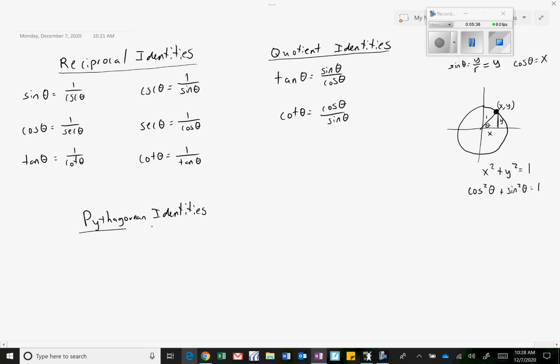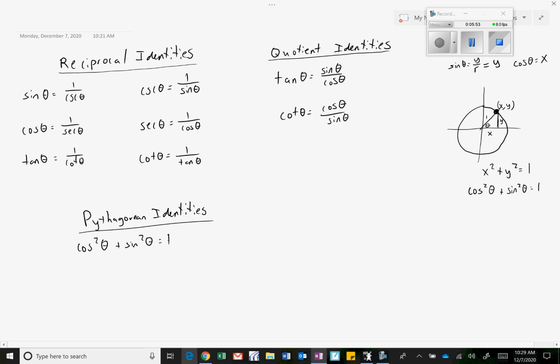Pythagorean identities, and there's going to be 3 of these guys. So we went ahead and just derived that first one there. So cosine squared of theta, sorry, plus sine squared of theta equals 1. That's our first one.